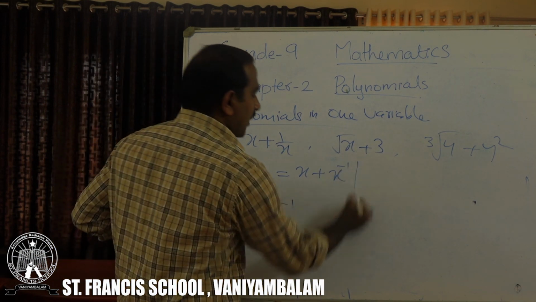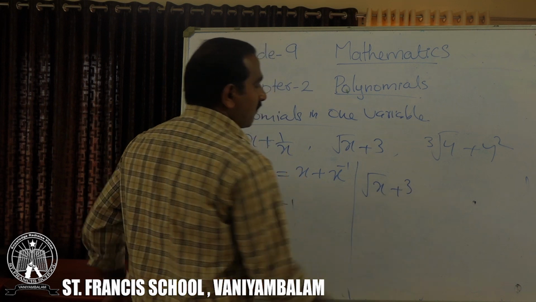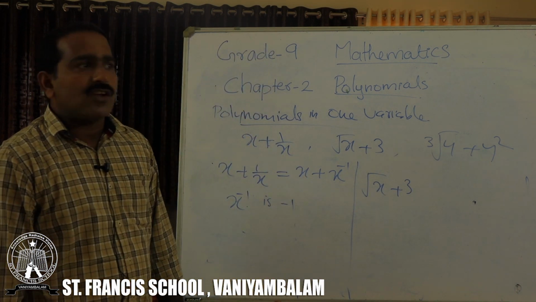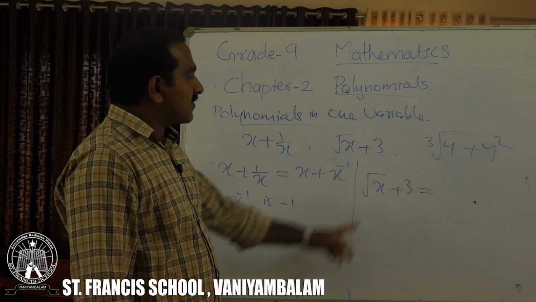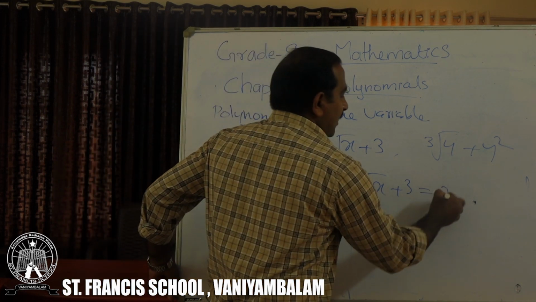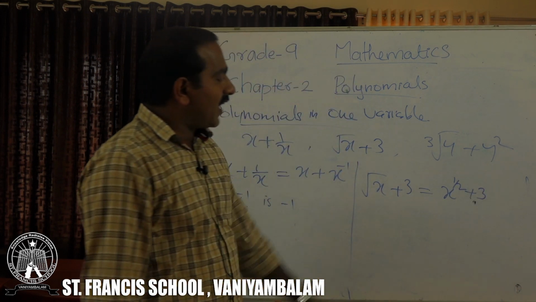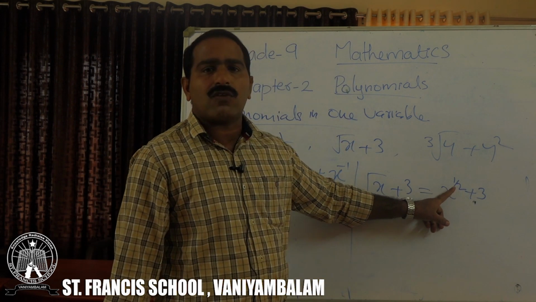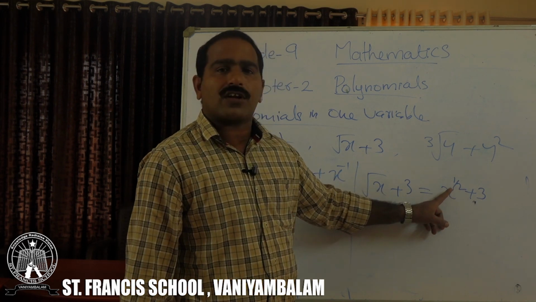Our second expression is square root of x plus 3, and you have seen that you can write this as x raised to 1 by 2 plus 3. The exponent of the variable x is 1 by 2, which is not a whole number.